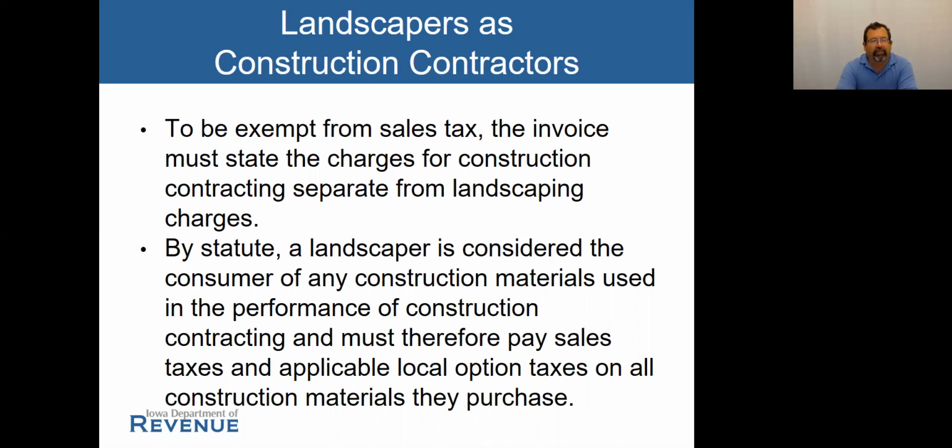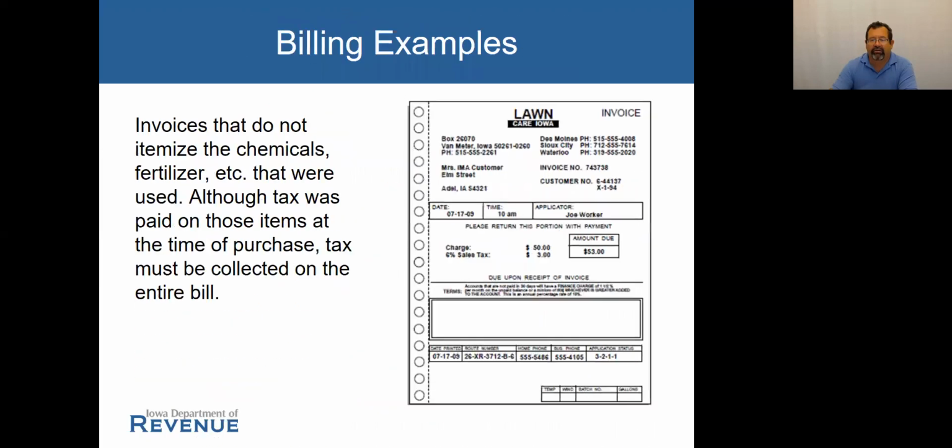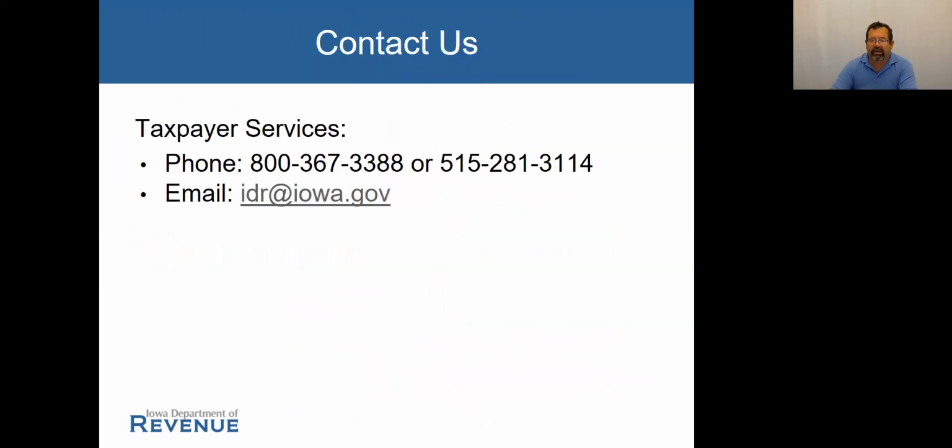It's kind of a complex question. Again, if that doesn't answer your question, if you want to send us an email, again at that same email address, idr@iowa.gov, if you want to add any additional information to that question, we can respond to you more specifically. All right.